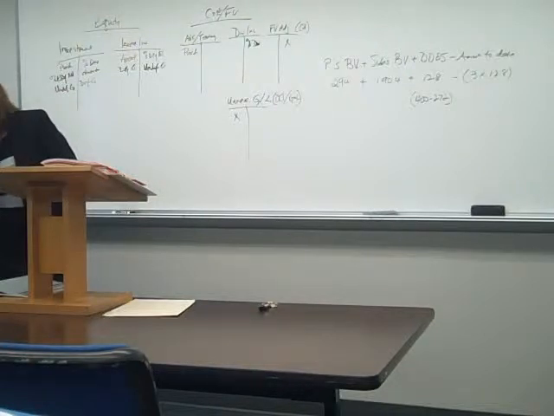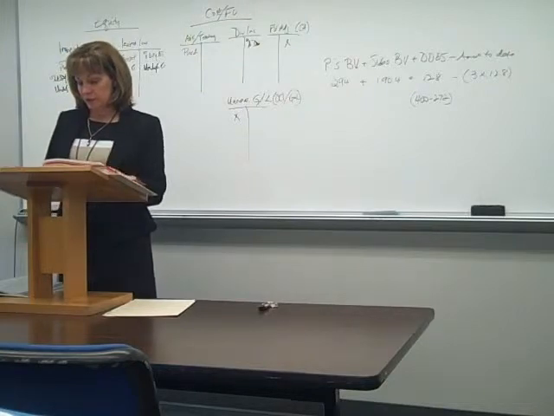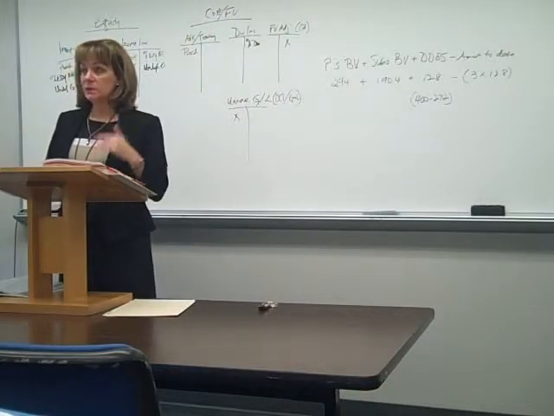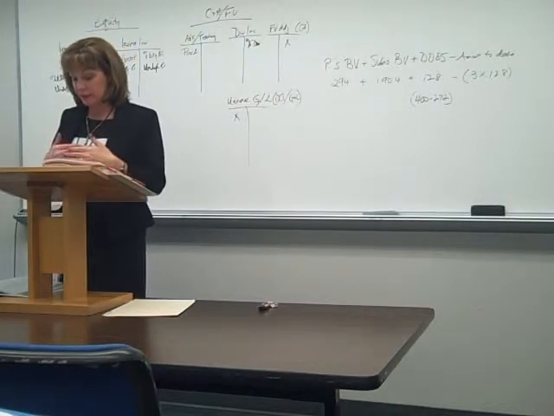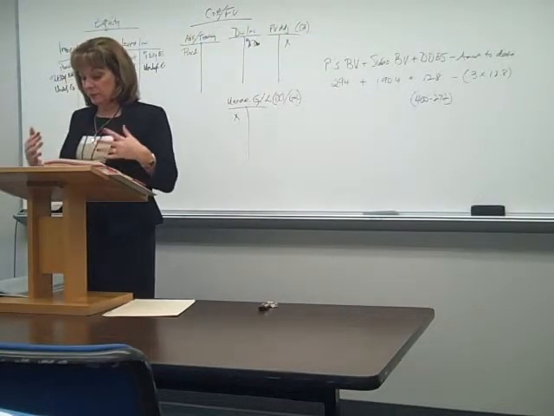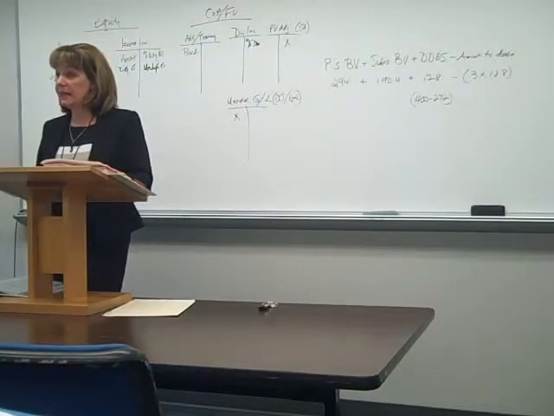So what they told us in the chapter is subsequent to the acquisition date, certain procedures have to be done. If the parent applies the equity method, the following process is appropriate, and that is SAIDEP, S-A-I-D-E-P.